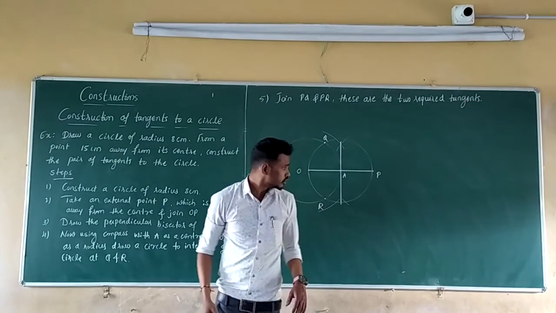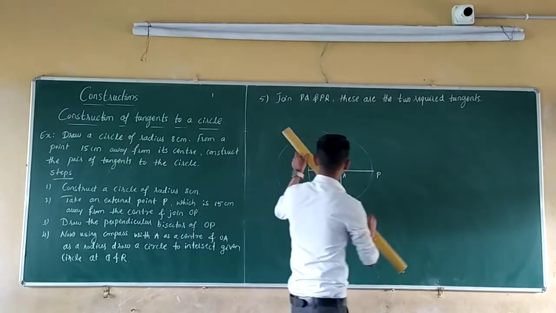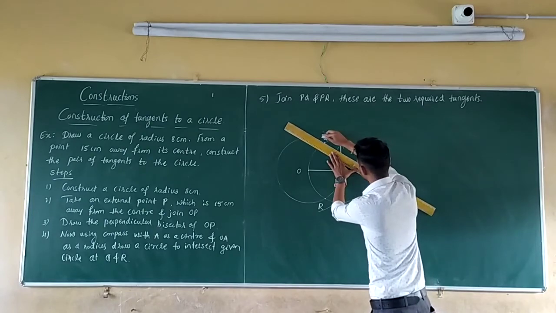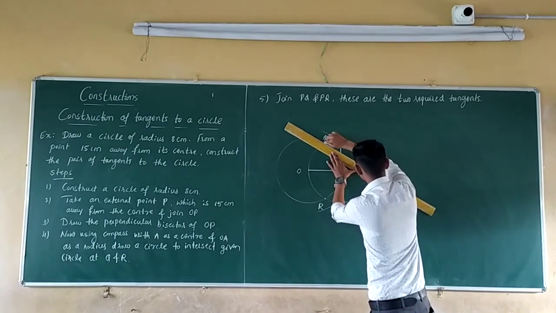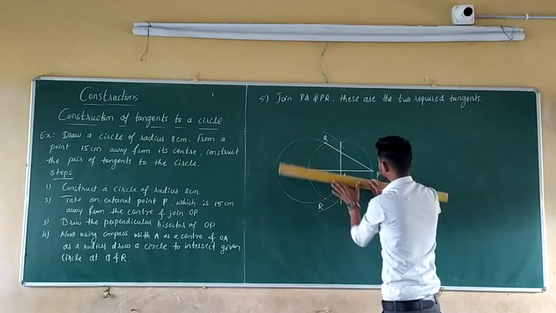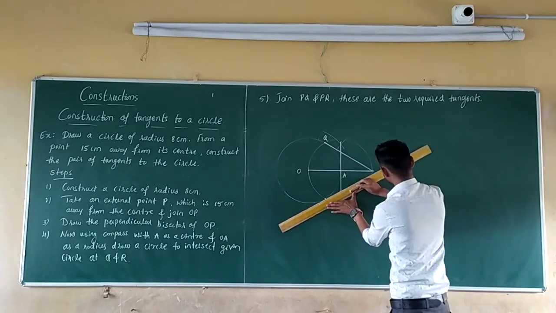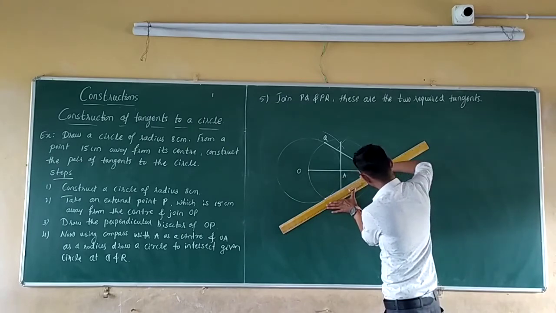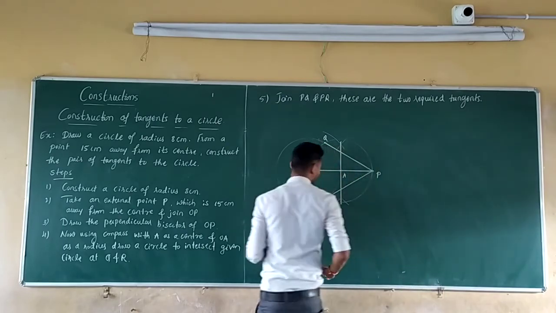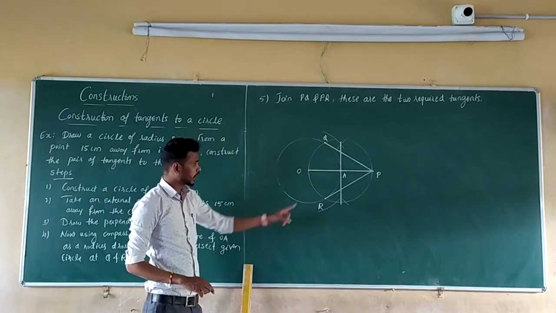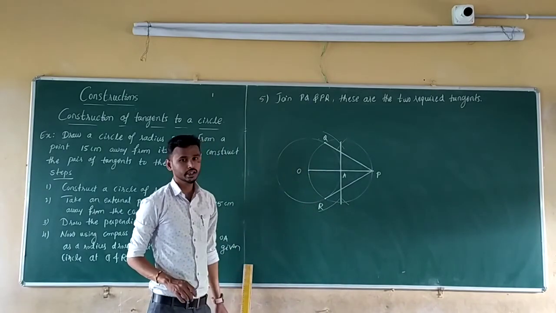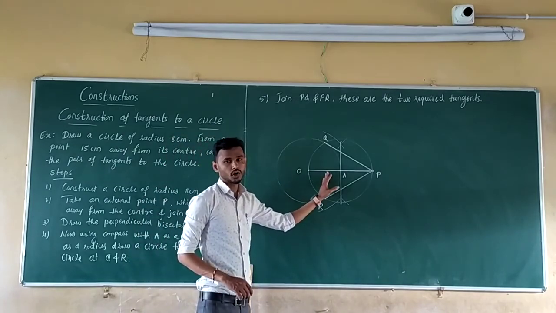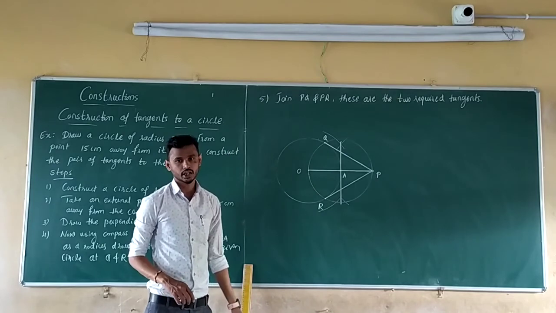Now join those PQ and PR. These are the two required tangents, PQ and PR. So this is how you need to draw the tangents from an external point.